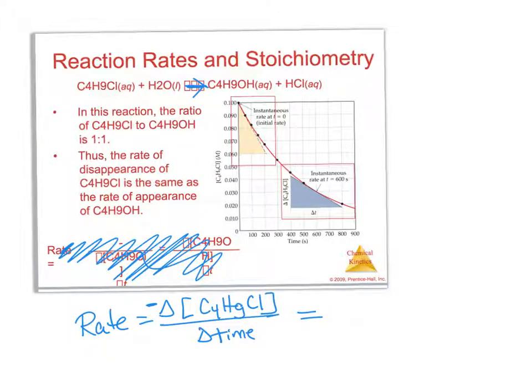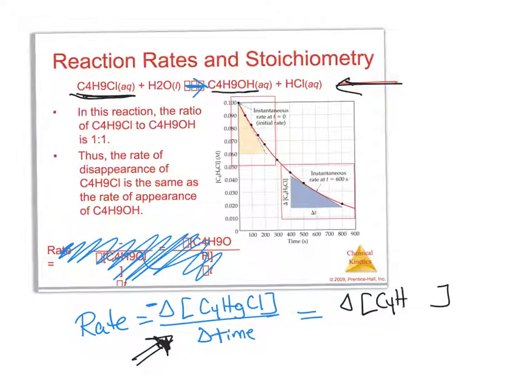So in this particular reaction that's shown up here, that we have the graph for, we have a 1-to-1 ratio between this reactant and this product. So the rate of the disappearance of this reactant, and I've shown how we would measure that here, is going to be equal to the rate of appearance of the product C4H9OH.